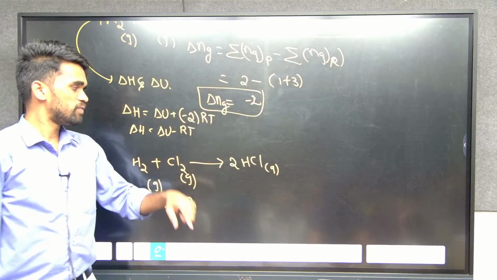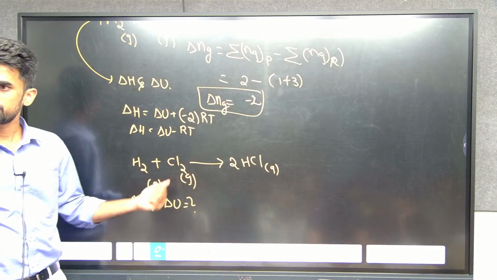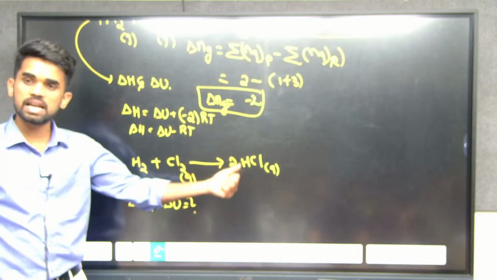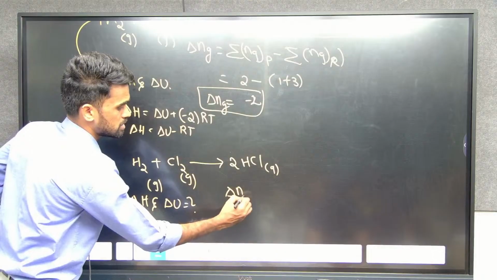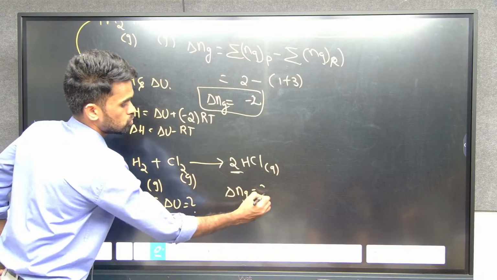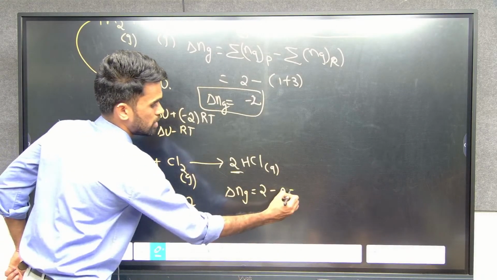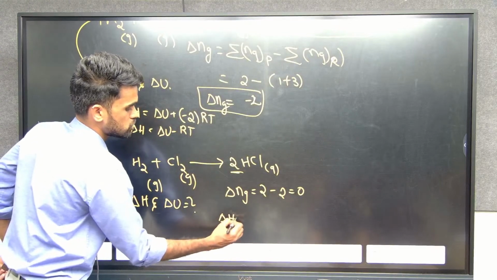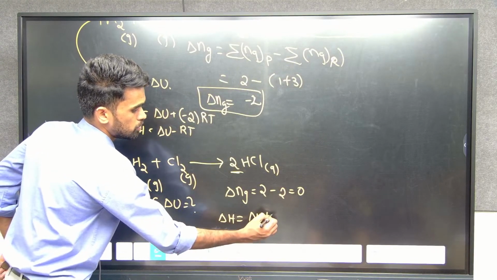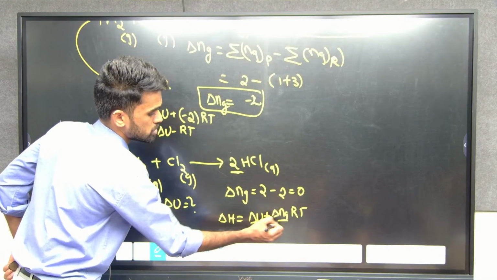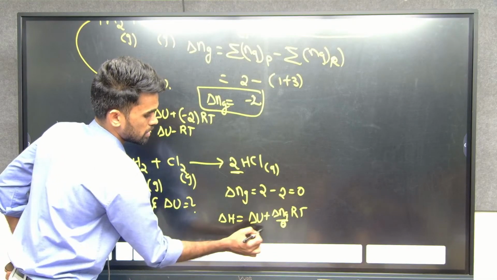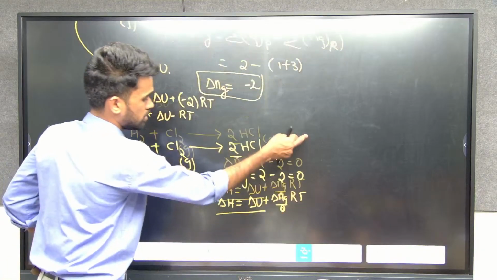At 25 degrees Celsius, H2 will be gas, Cl2 also gas, HCl also gas. What is delta Ng first? 2 minus 2, it will be 0. So delta H equals delta U plus delta Ng RT, and 0 into something is 0. So delta H equals delta U.